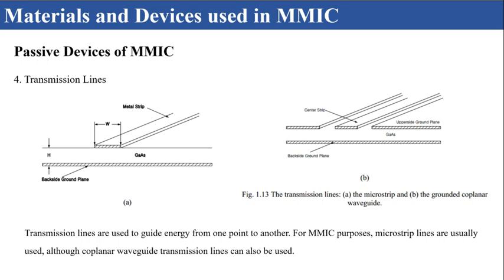Transmission lines are used to guide energy from one point to another. For MMIC purposes, microstrip lines are usually used, although coplanar waveguide transmission lines can also be used.